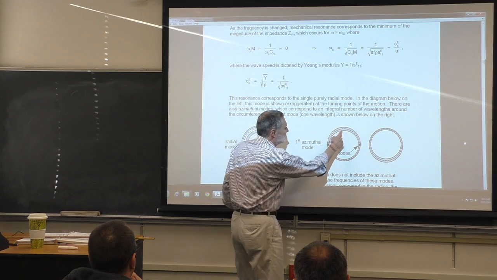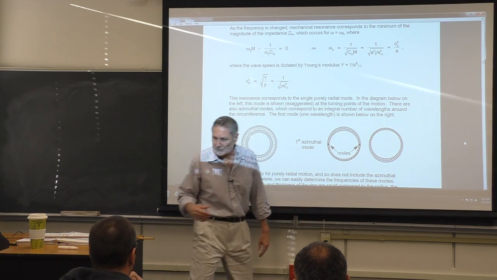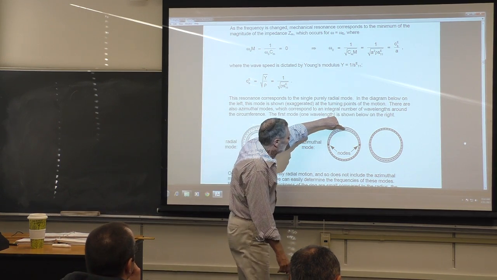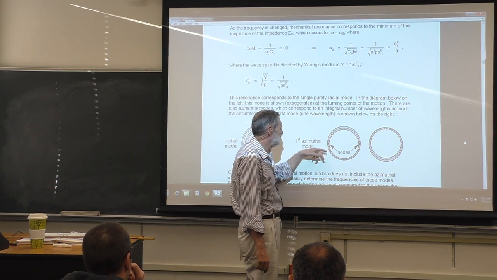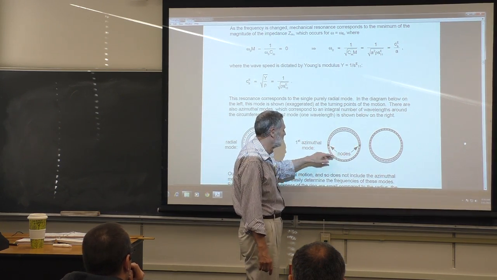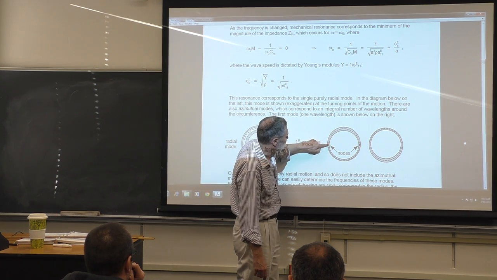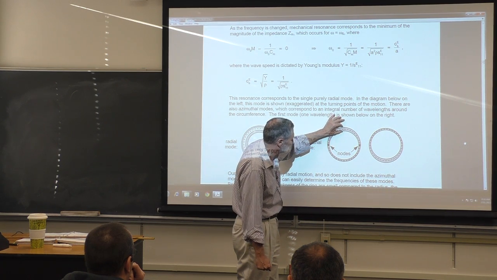You can look at the compression here. And as you go around, yeah, I can see why I called these nodes, but I think I need to clarify this. So here there's no compression or expansion. There's an expansion here.